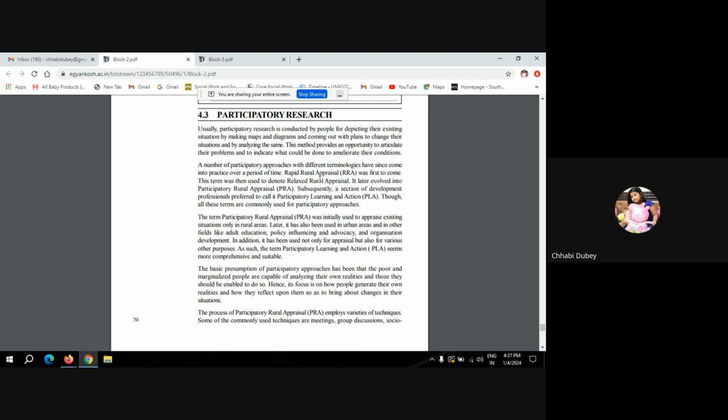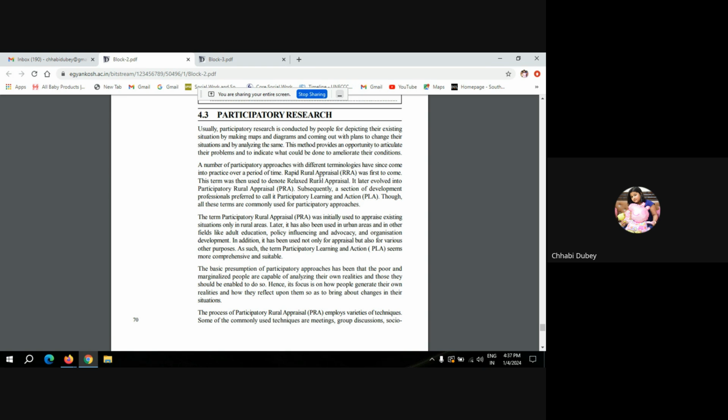This is generally used to appraise existing situations, specifically in rural areas. It has also been used in urban areas and in other fields like adult education, policy influencing and advocacy, and organization development. It is used not only for appraisal but also for various other purposes, so it is more comprehensive and suitable than other participatory research methods.